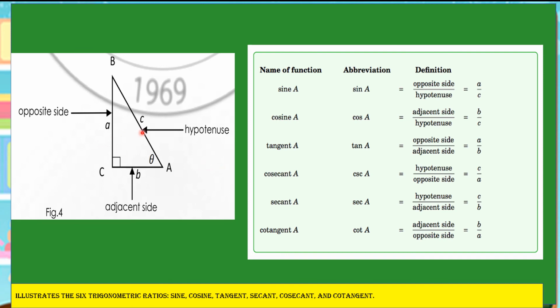Using side a, side b and side c, these are the trigonometric ratios. Sine A is equal to a over c, cosine A is equal to b over c, tangent A is equal to a over b, cosecant A is equal to c over a, secant A is equal to c over b, and cotangent A is equal to b over a.